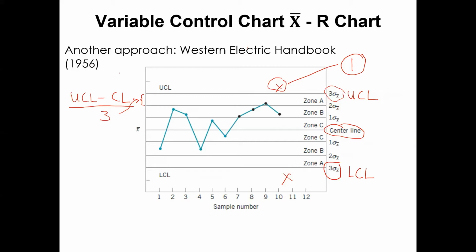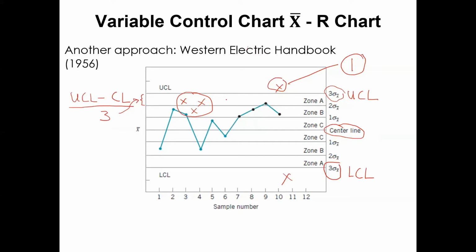The second rule suggests that if there are 3 continuous points, 1, 2, 3, and 2 out of the 3 points are beyond the 2 sigma line, then that is an indication of abnormality.